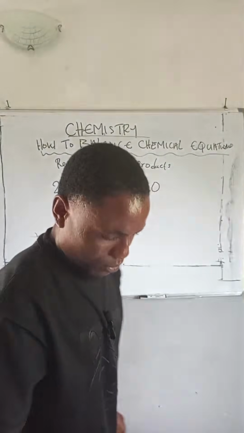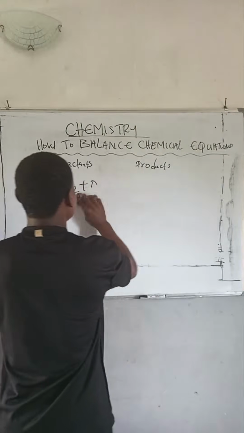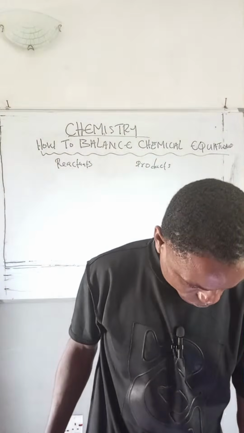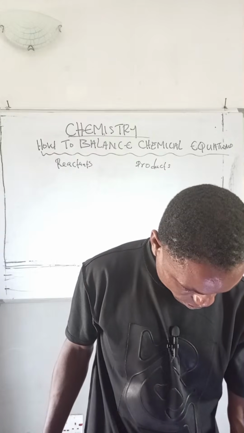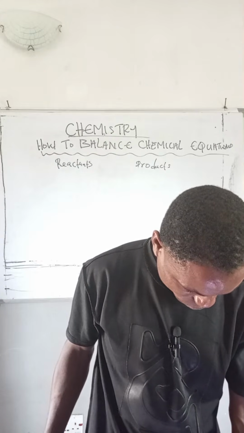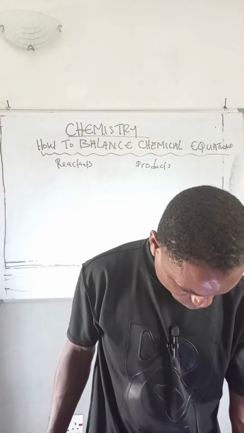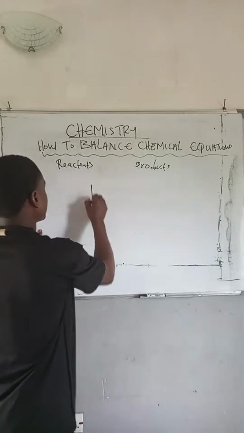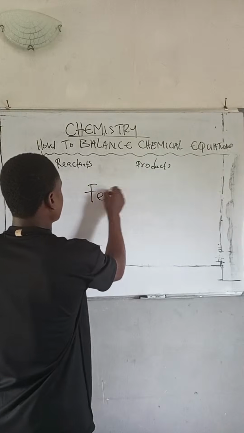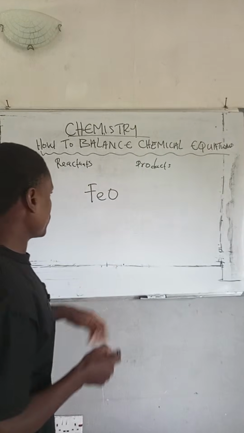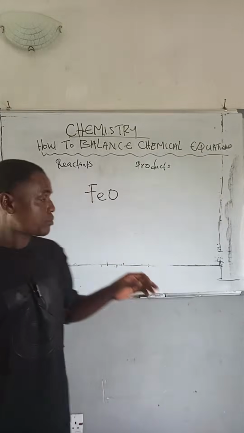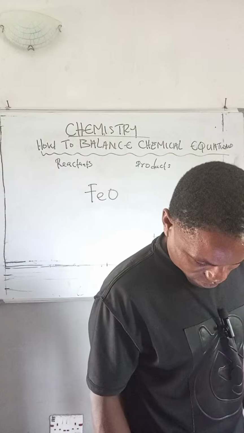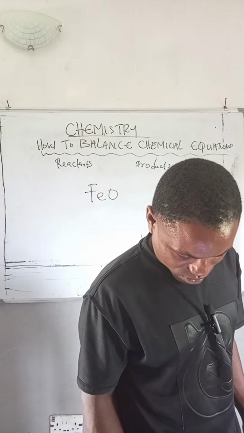Okay, let's continue. So I dropped one. This is the formula I dropped, right? I said, what is the chemical name of this compound? Okay, iron two oxide.